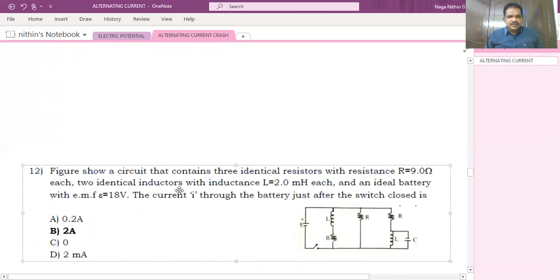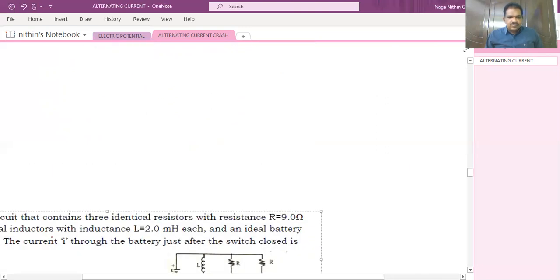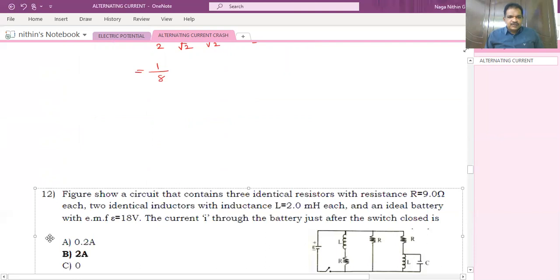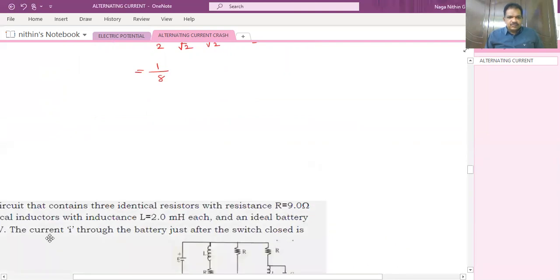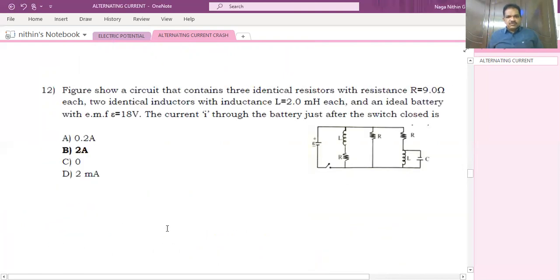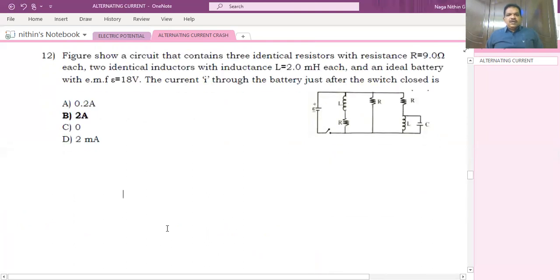See the next question. What are they asking? The figure shows a circuit that contains 3 identical resistances with resistance 9 ohm, 2 identical inductors with inductance 2 millihenry each, and an ideal battery of EMF 18 volt.